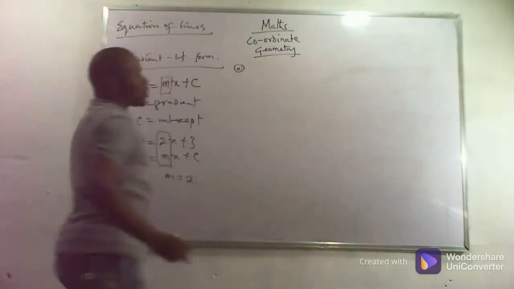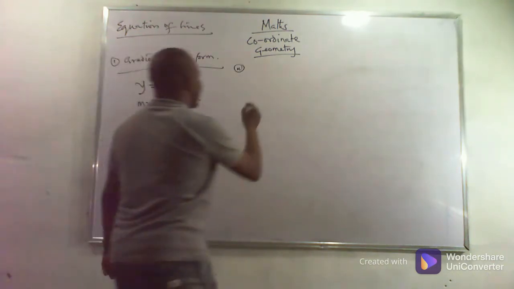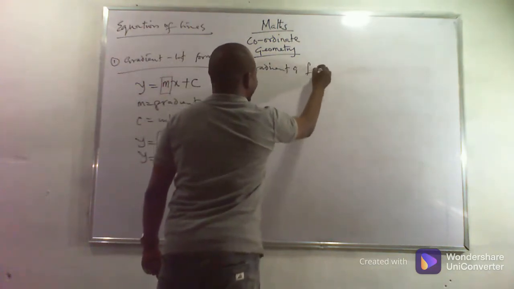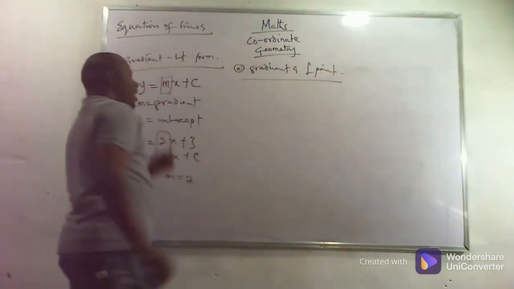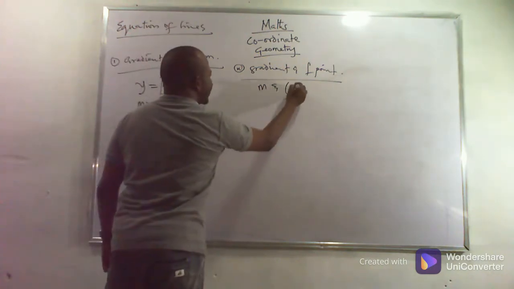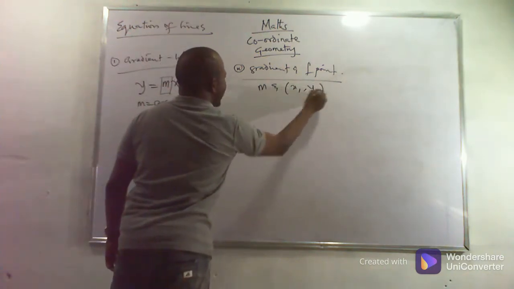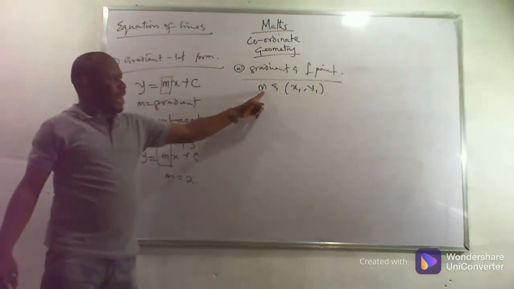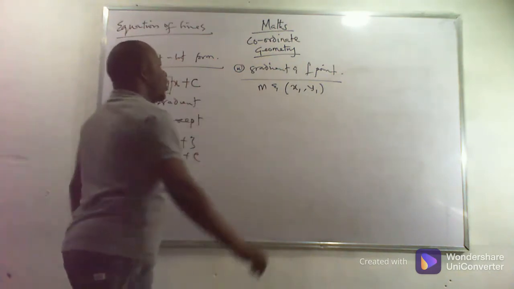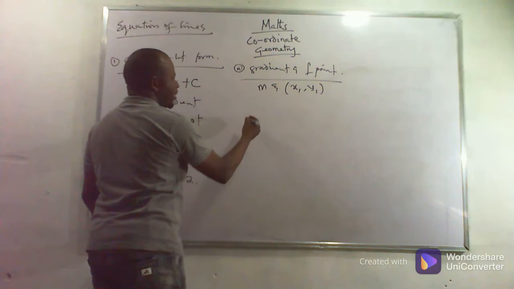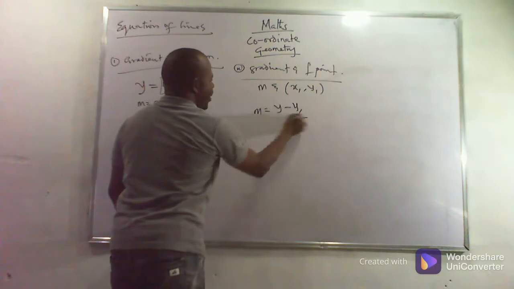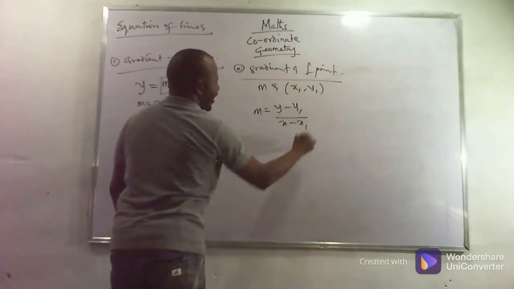The second equation of line is gradient and 1 point. Now, if I give you the gradient of a line m, and I give you that it passes through points x1, y1, you can write the equation of line as m equals y minus y1 over x minus x1.